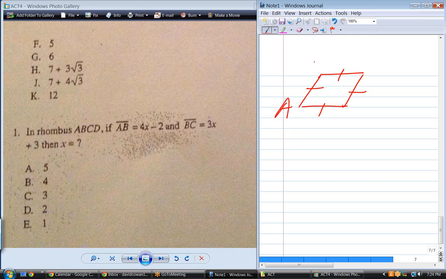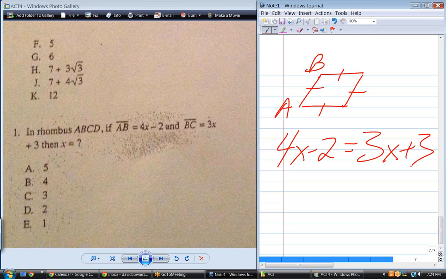You do 4x minus 2 equals 3x plus 3. Now solve that. X minus 1 equals 3x. So x equals 1? No.